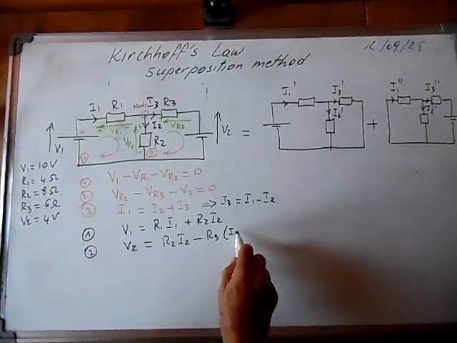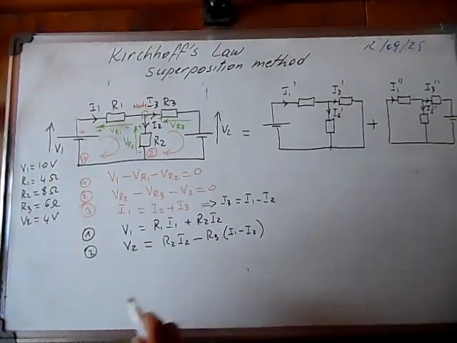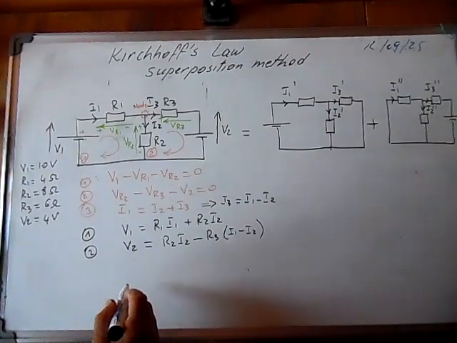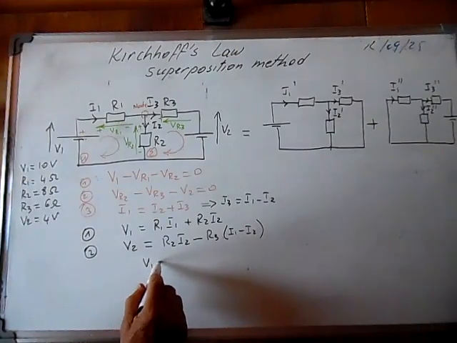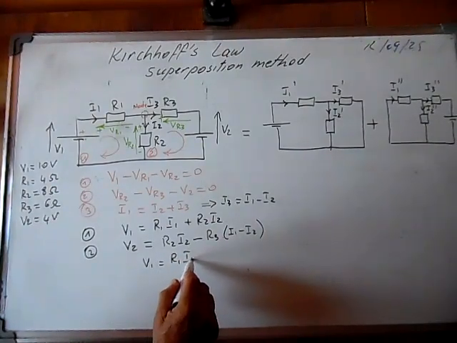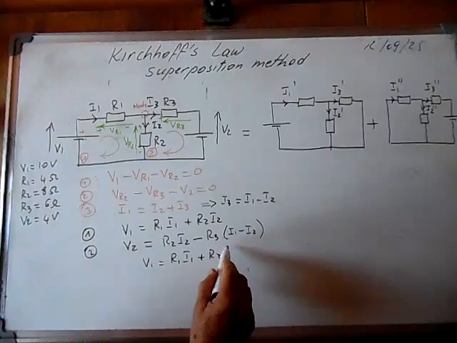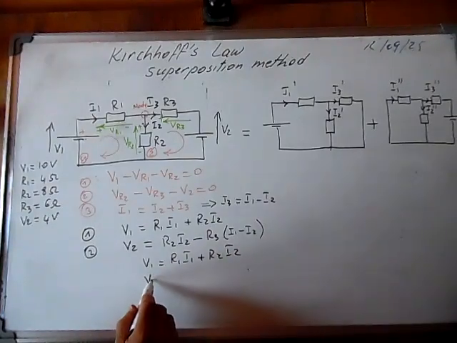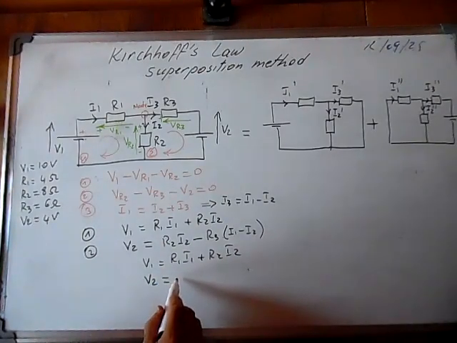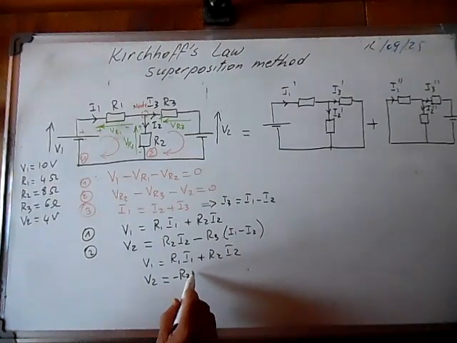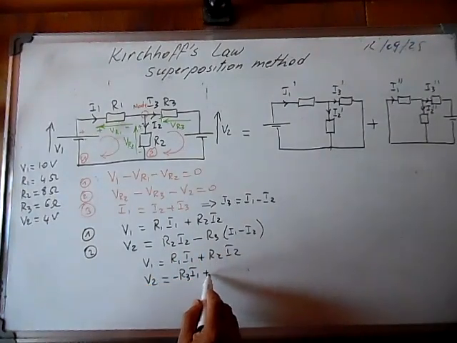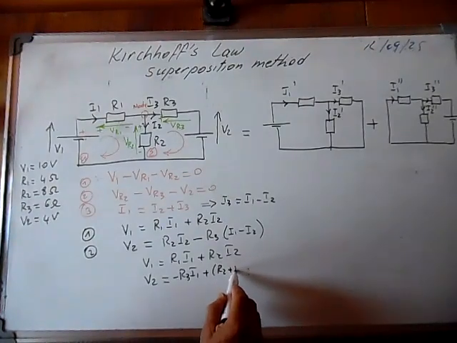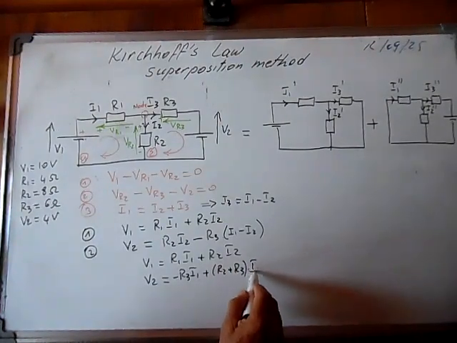I1 minus I2. Rewriting this equation, we will have V1 equals R1 I1 plus R2 I2, and V2 is equal to minus R3 I1 plus R2 plus R3 times I2.